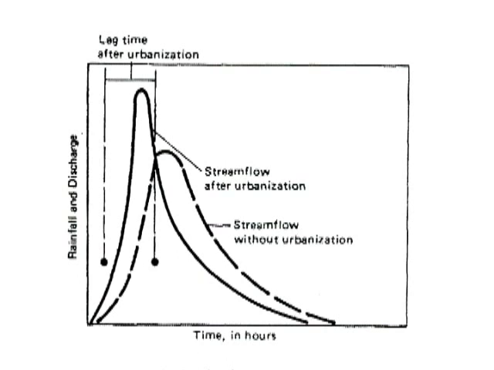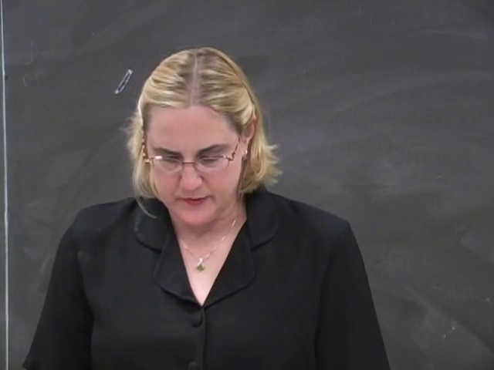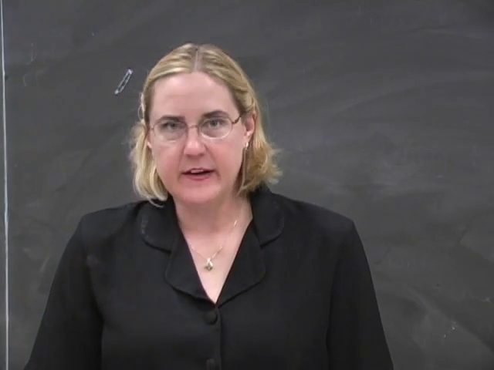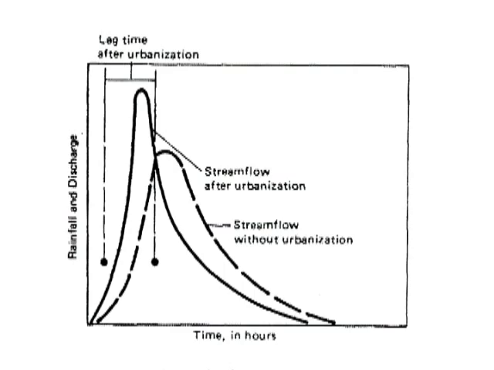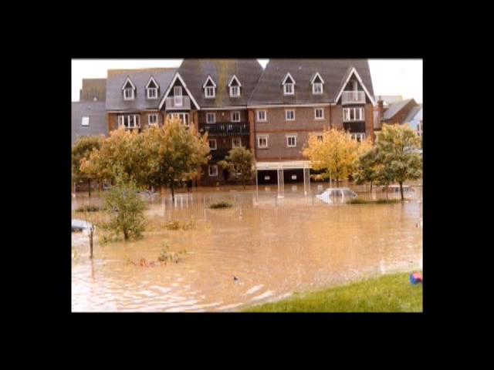And that's because it doesn't have a chance to go into the ground and be absorbed and then slowly leak out towards the stream. So the effect of urbanization is twofold. It not only makes the stream much more flood prone, but it also makes the stage or the height of the flood much higher than it was under natural conditions.